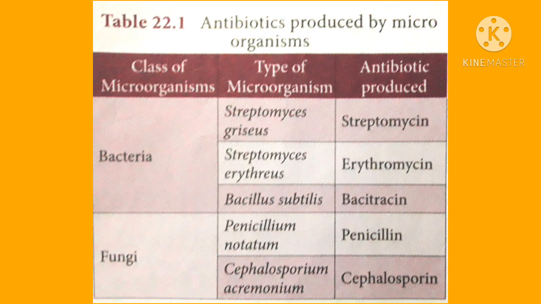Antibiotic produced, penicillin. Next, type of microorganism, Cephalosporium acrimonium. Antibiotic produced, cephalosporin. Clear? These are the antibiotics produced by microorganisms.